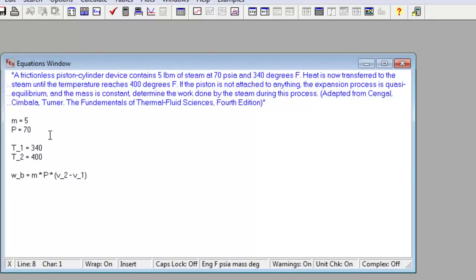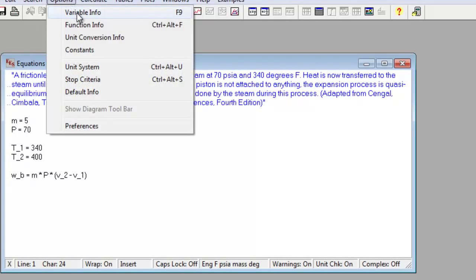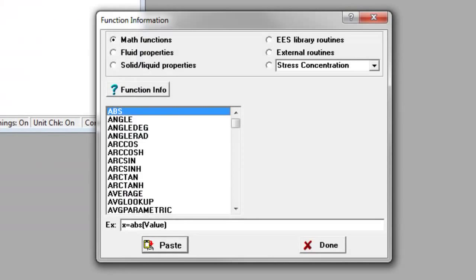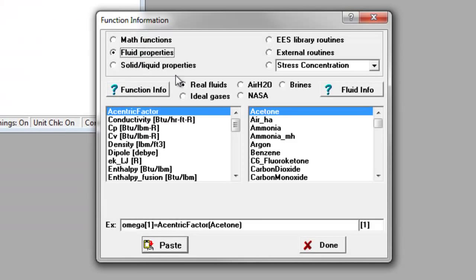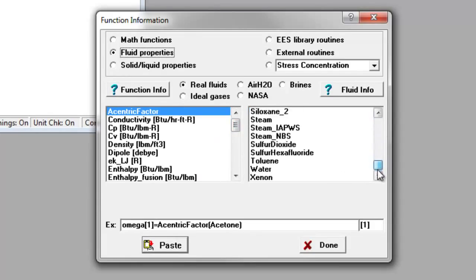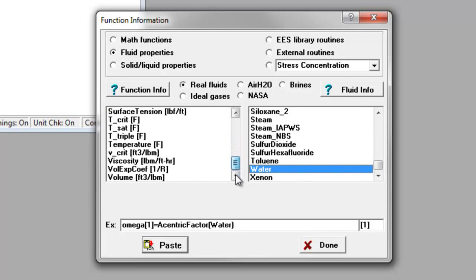So let me go ahead and show you guys how we can use EES to solve for a property given two other properties of the same substance. First thing we do is go up to Options, go into Function Info, Fluid Properties, and you're going to see two columns here. Let's go on the right one and pick out water or steam, and on the left we're going to pick out what value we're looking for.